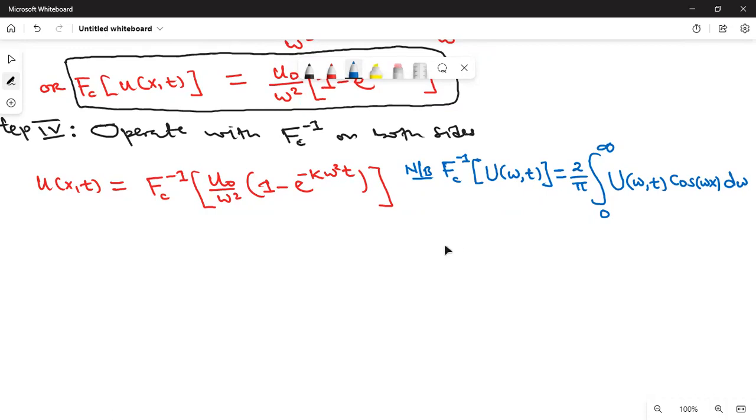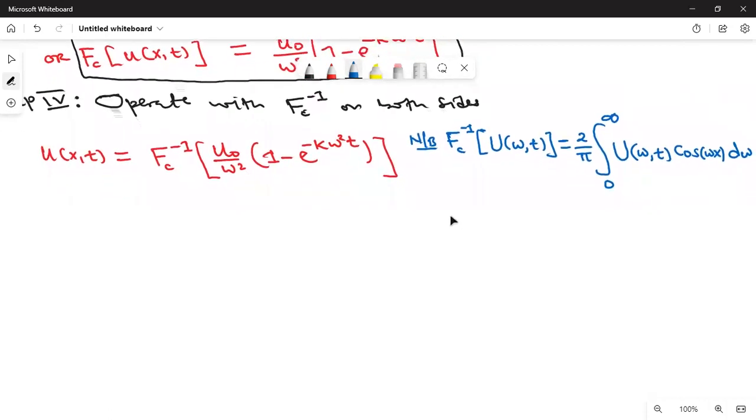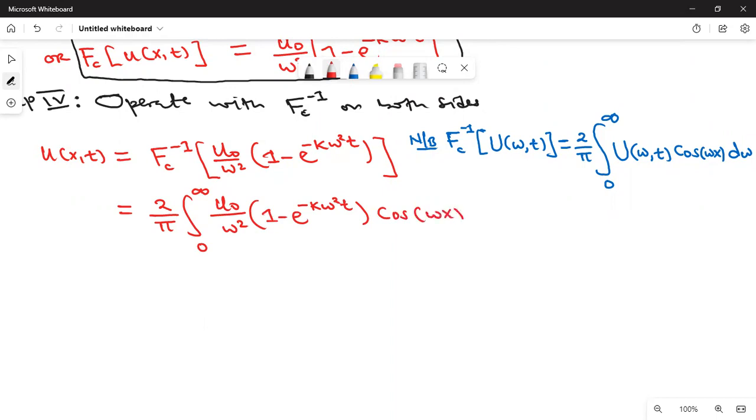So therefore, when we go back to our inverse transform, this can now be written as 2 over pi, the integral from 0 to infinity of u naught over omega squared times 1 minus exponential negative k omega squared t, as the function that we are finding the inverse of, then times cosine of omega x d omega.